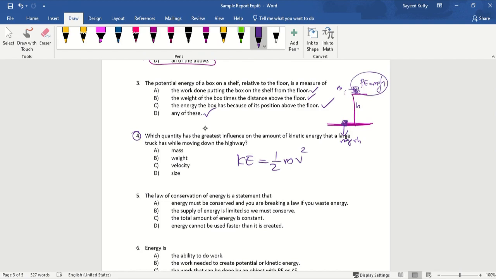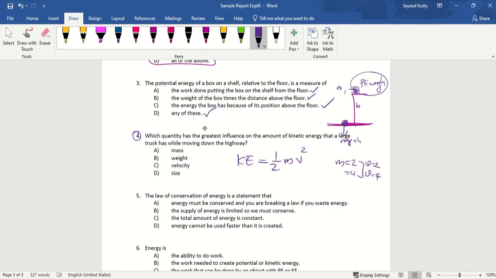Imagine if the mass is 2, I just doubled it from mass 2 to 4. But imagine if I have a velocity 2, I doubled the velocity from 2 to 4. So which one will have more?